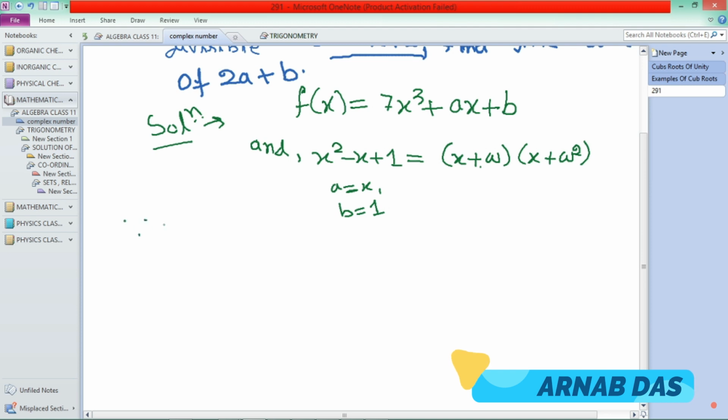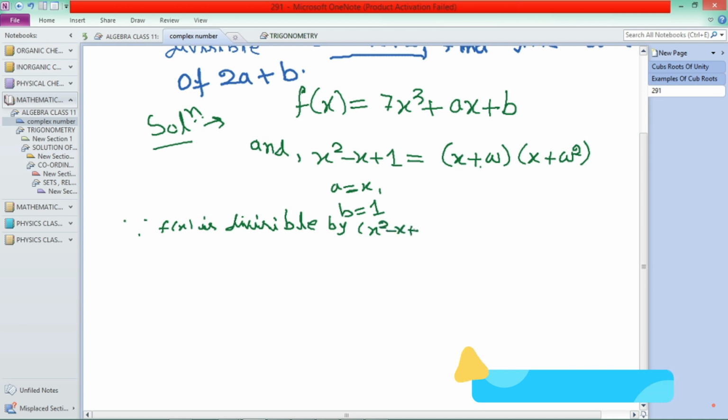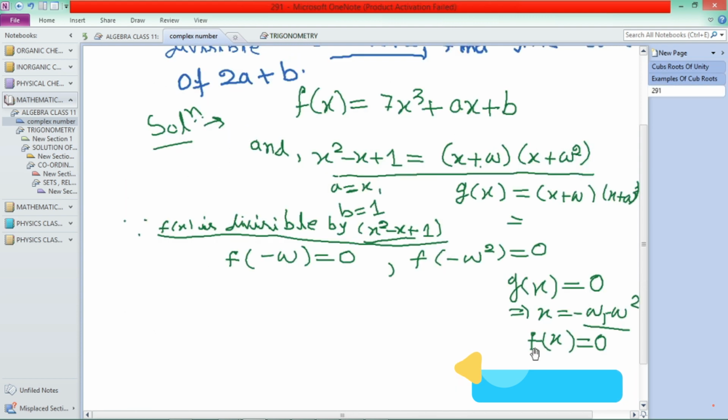Then the roots of this make f of x equal to 0.